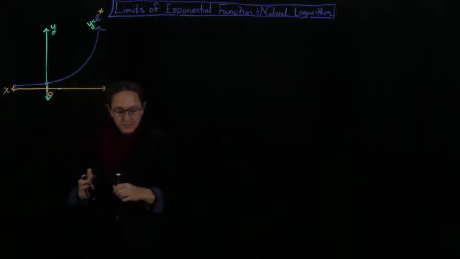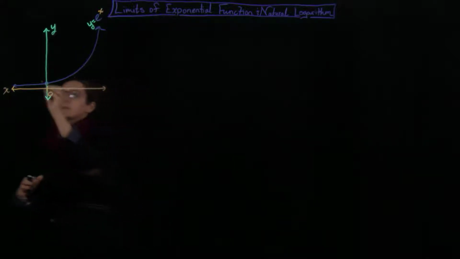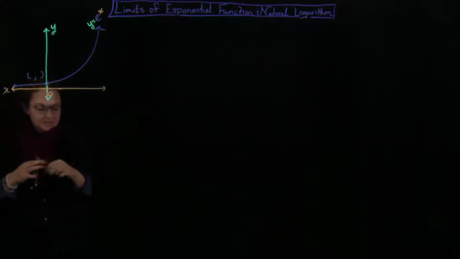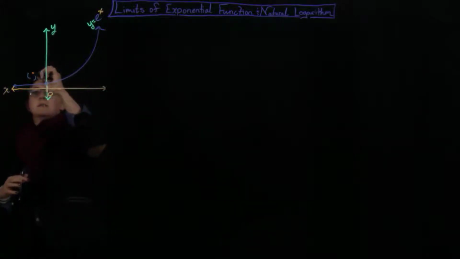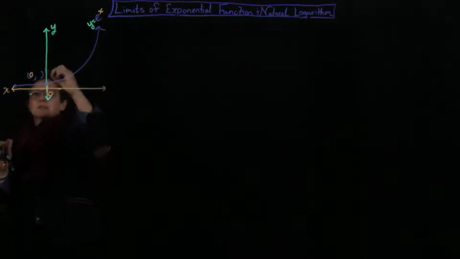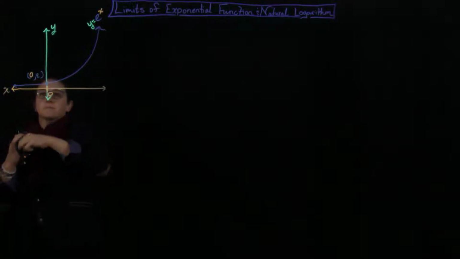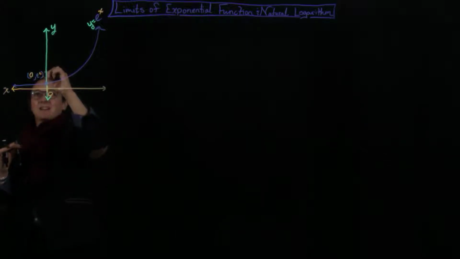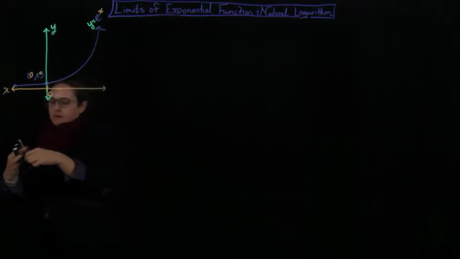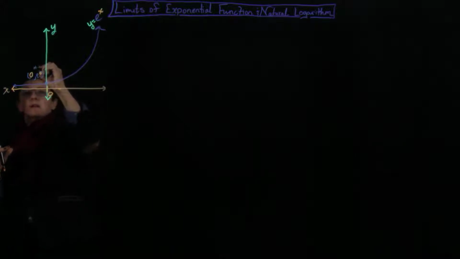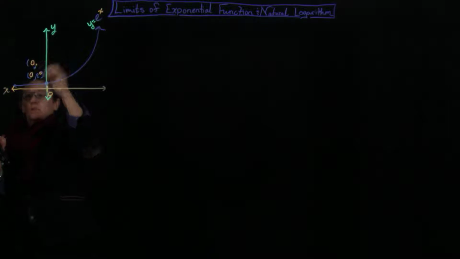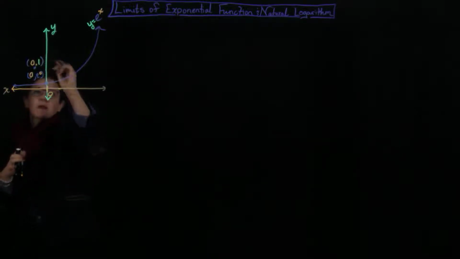This point comes from 0 and then g of 0, so I get 0 and then e to the 0, which equals 1 as my output. So that's one point on the graph.